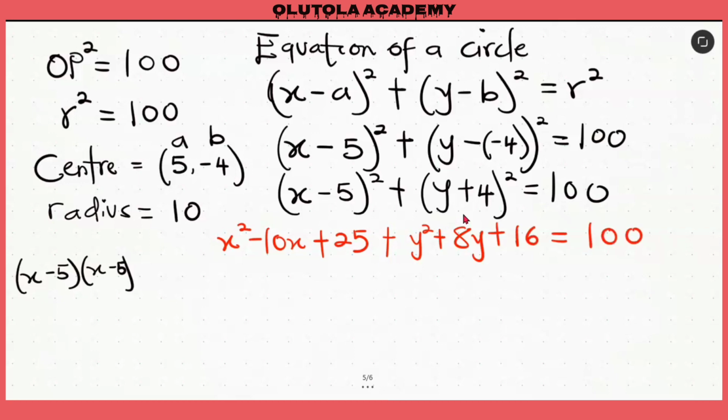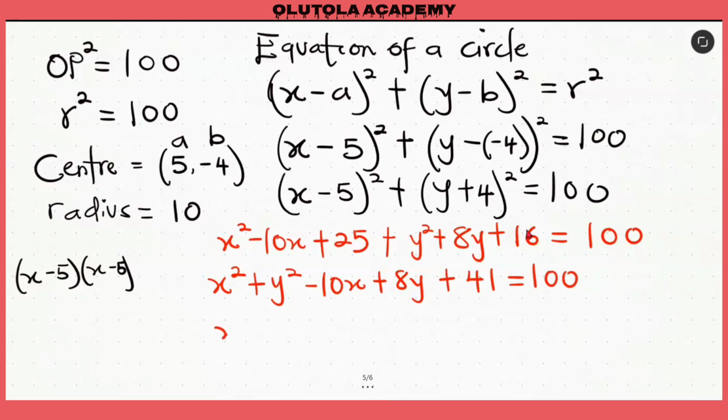So what I need to do next is arrange this properly. I'm going to have x square plus y square, then negative 10x, then positive 8y, then positive 25 plus positive 16 gives positive 41, equals 100. So finally the equation of the circle will be x square plus y square minus 10x plus 8y.